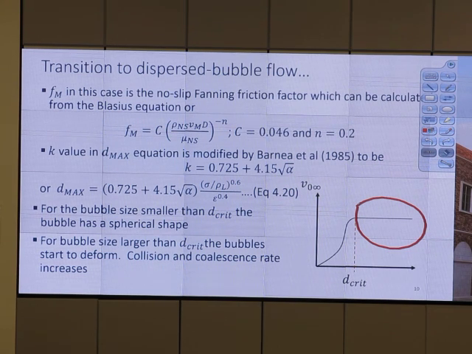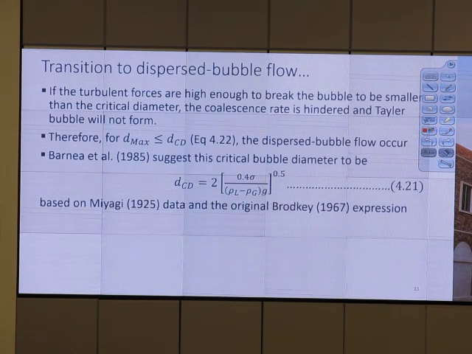Raymond, do you think viscosity will do anything with this critical diameter? It doesn't seem like we have viscosity in the formula. Okay, so this formula is not dependent upon viscosity.